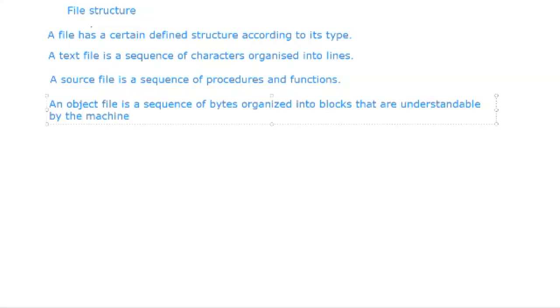An object file is a sequence of bytes organized into blocks that are understandable by a machine.